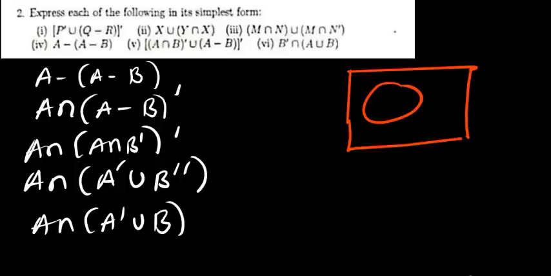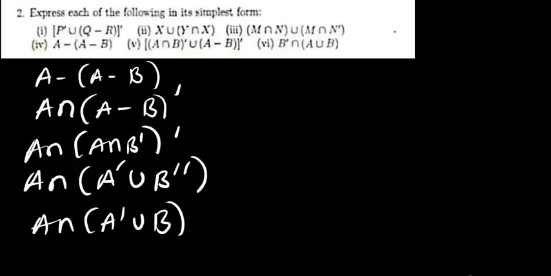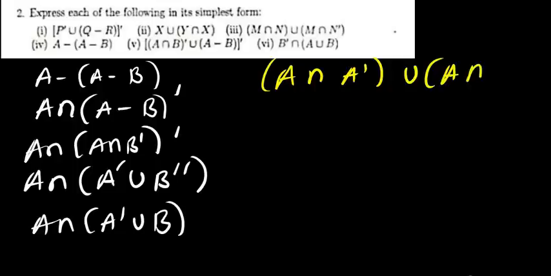From here, there are two ways you can do this. Before I even come to the universal, I can distribute and expand it. So it will be A intersected with A complement in the brackets, then this union, again A intersected with B. Remember, I just told you that A intersection A complement is the empty set.